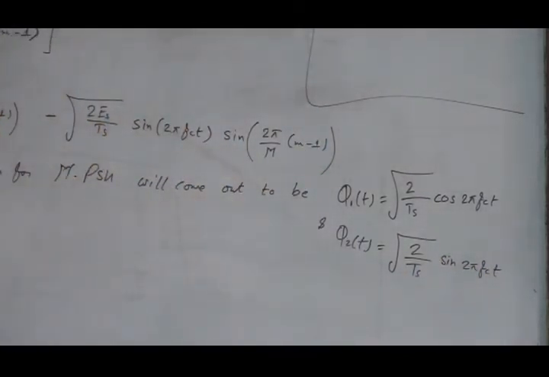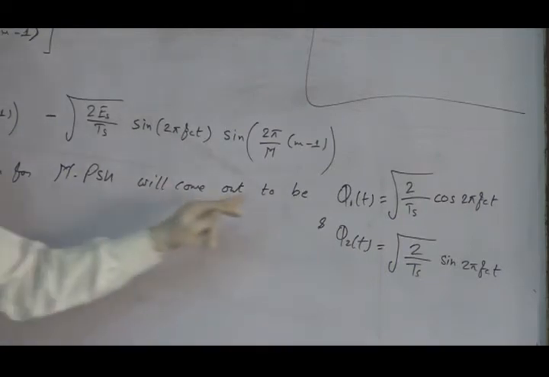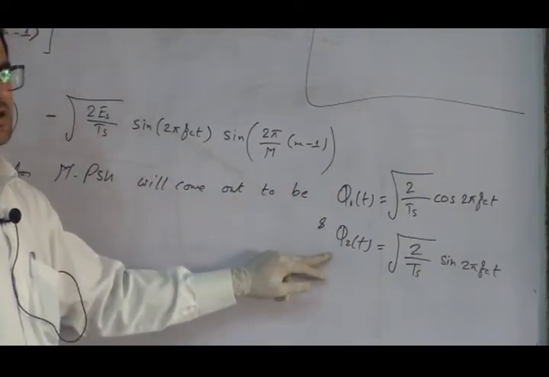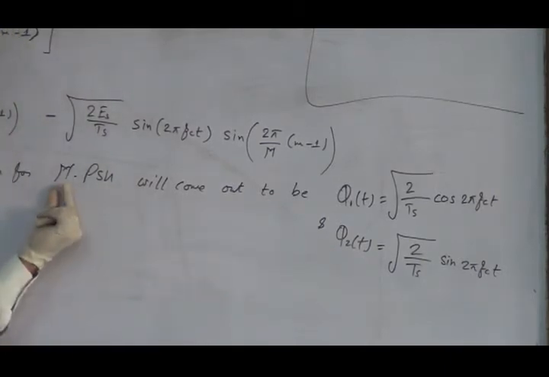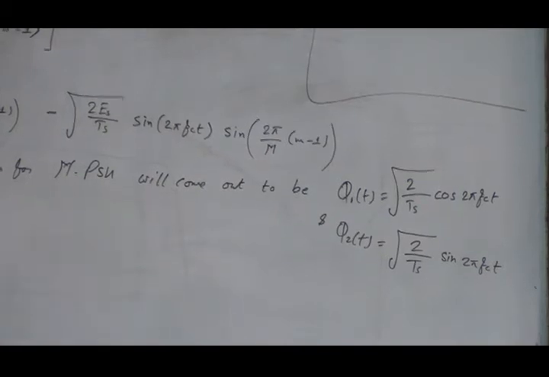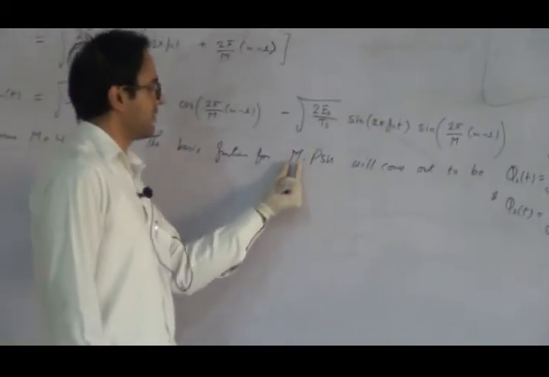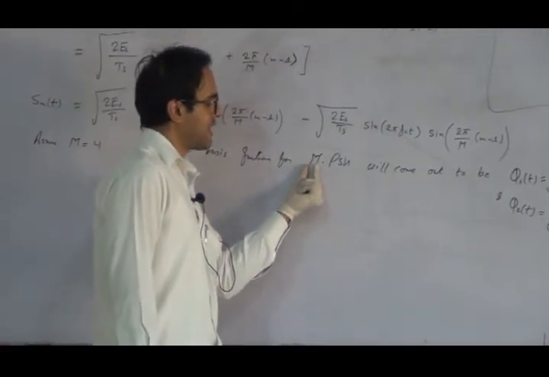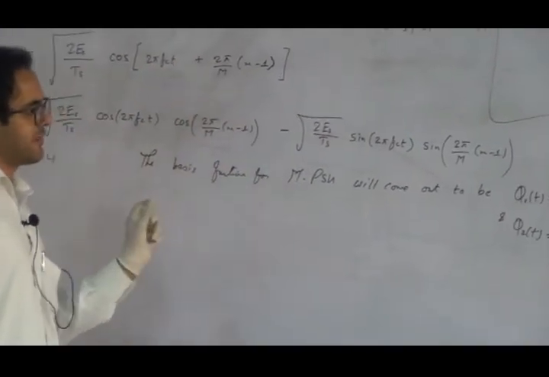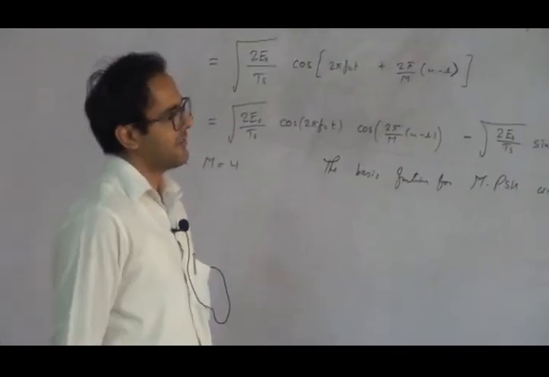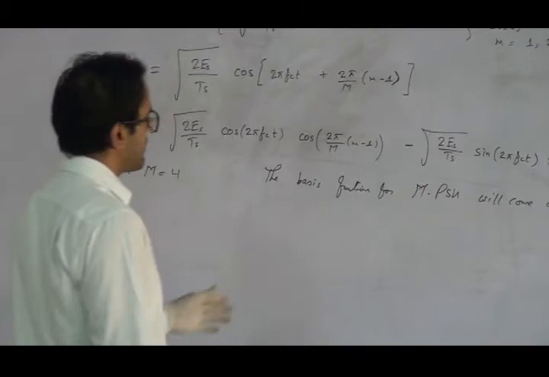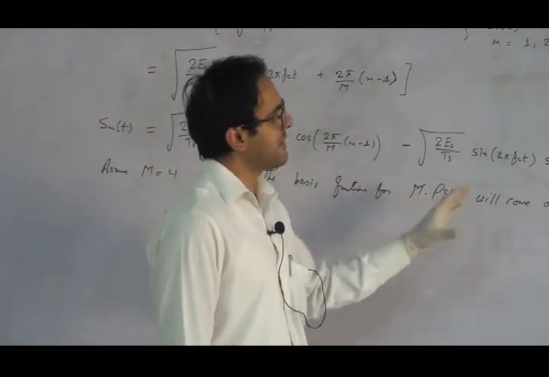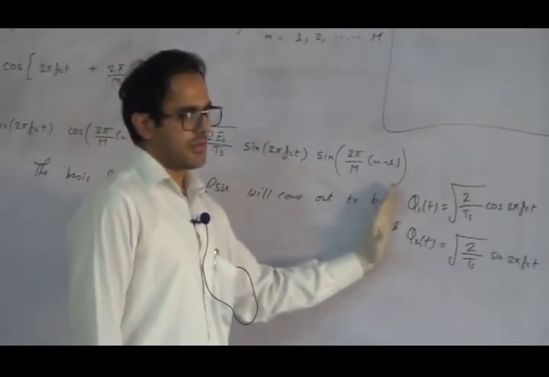Interestingly, you will always end up getting the two basis functions, phi 1 of t and phi 2 of t, for any value of capital M, right? Of course, other than 2: if you substitute capital M equivalent to 2, you will only get one basis function, which is the special case, equivalent to amplitude shift keying as we did earlier. But for larger values of capital M, you will always end up getting two basis functions and no more, right?